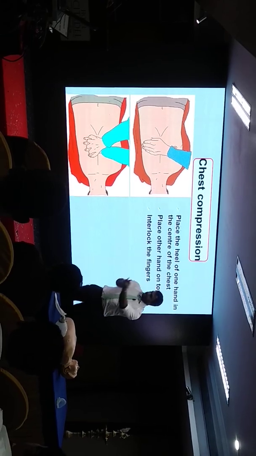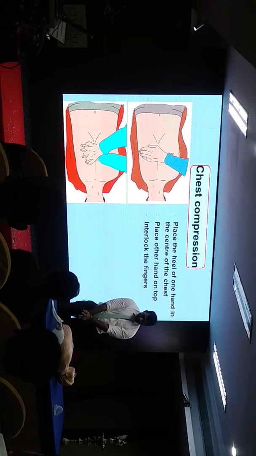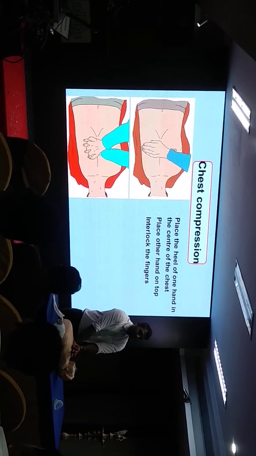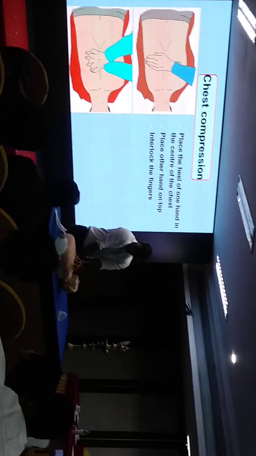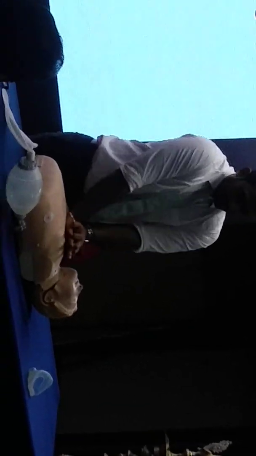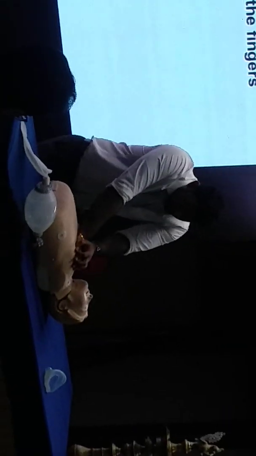I'll show you how. Make sure you are always next to the patient on the right side, and your elbow should be locked. You should not leave it like this. Your elbow should be locked. You have to keep on giving this pressure, and the force has to come from here and from the hip. If you're kneeling next to the patient, you have to kneel and do it.